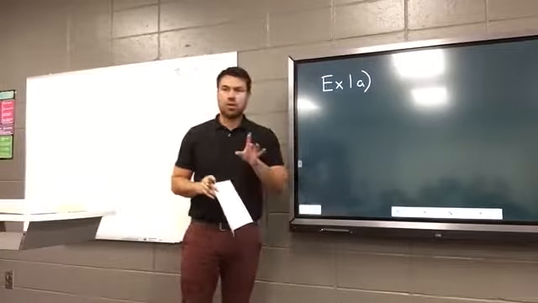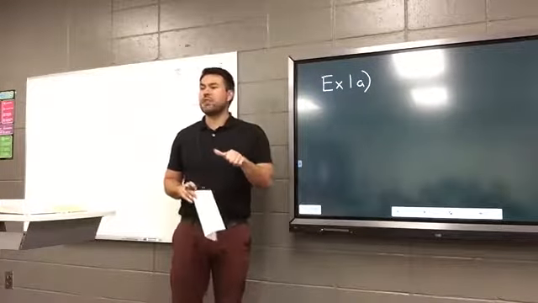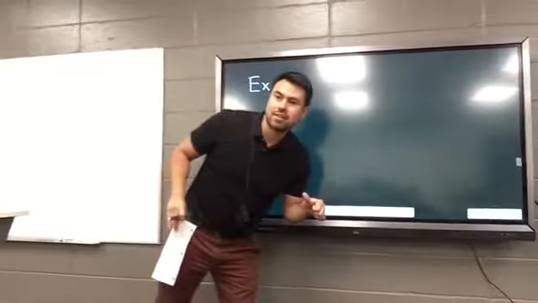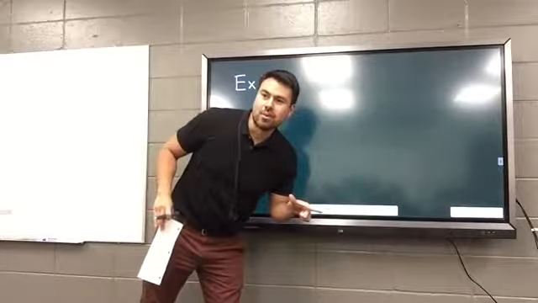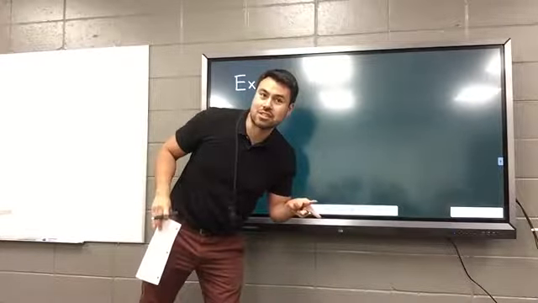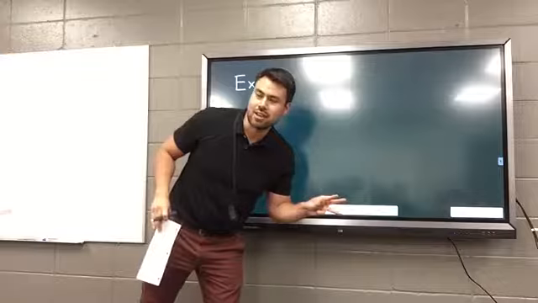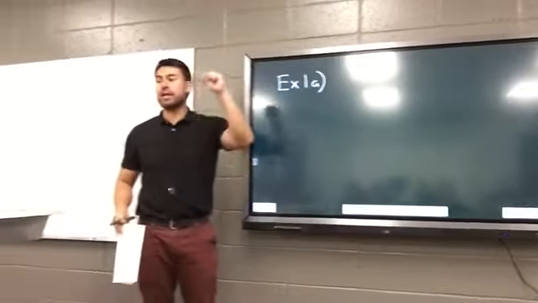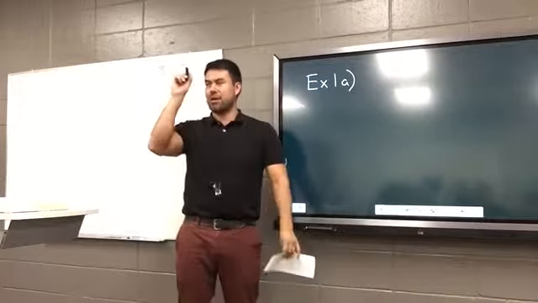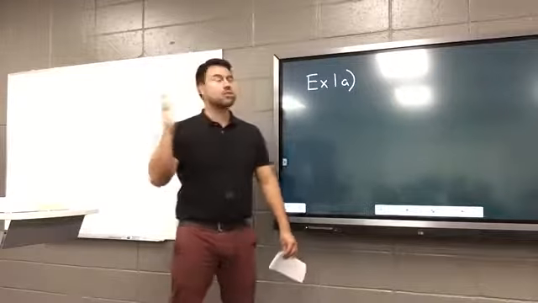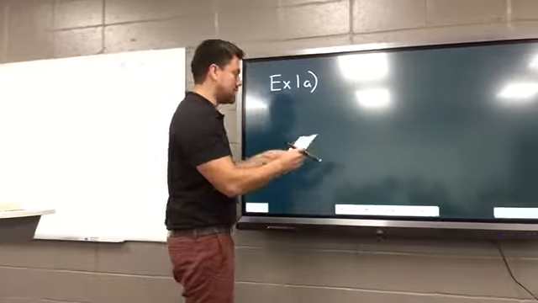Just a little review: what's the inverse of addition? Subtraction. What's the inverse of multiplication? Division. What's the inverse of squaring something, putting something to the second power? Square rooting. They're inverse operations, and we're going to use that today.